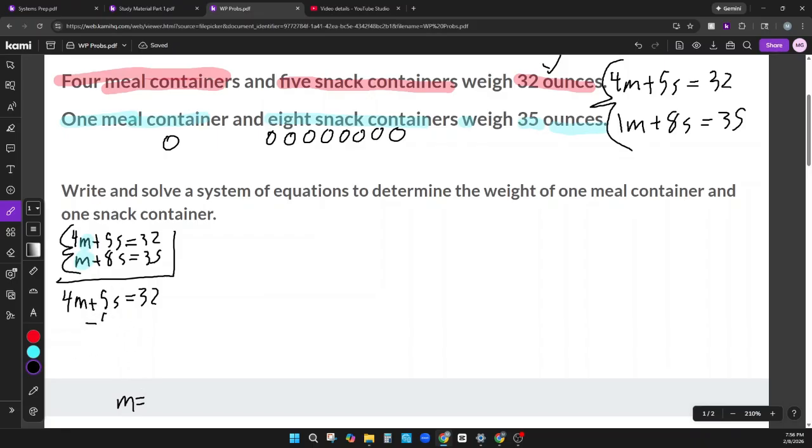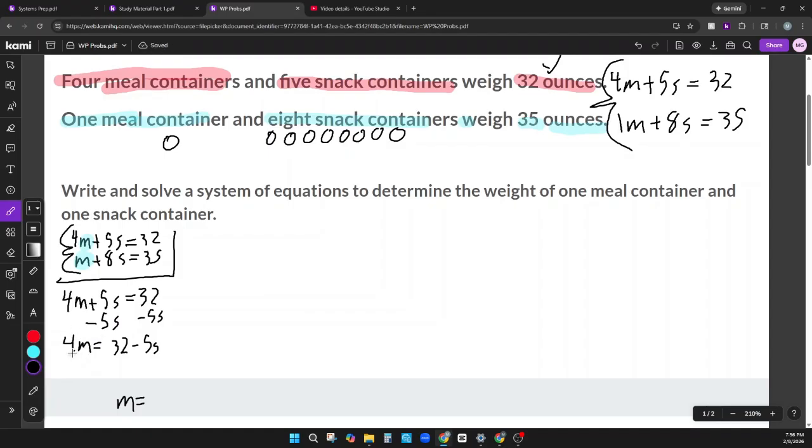First thing I'm going to get rid of is my 5s. So I'm going to subtract 5s. And 32 and 5s cannot be combined because I have an s value and no s value, so they're not like terms. So I just have 4m is equal to 32 minus 5s.